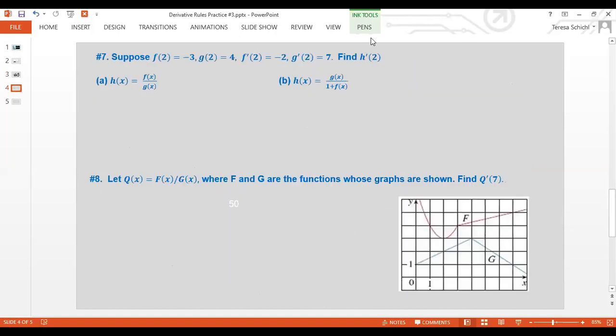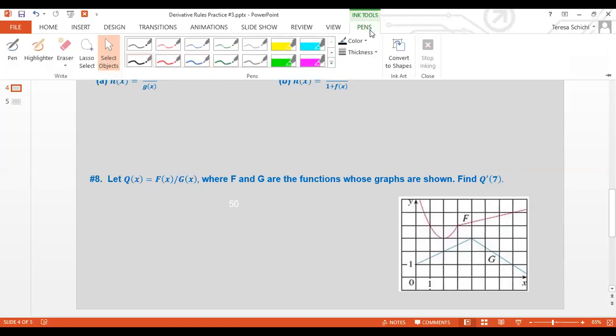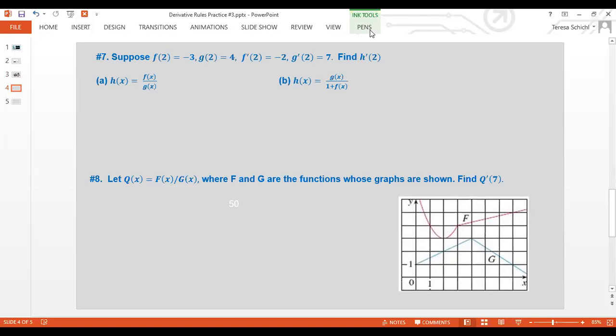Okay, so now let's take a look at this one. How do we do it? So these ones here give you some numbers. Now they want to find h prime 2, which means I'm going to find the derivative. So h of x is f of x over g of x.